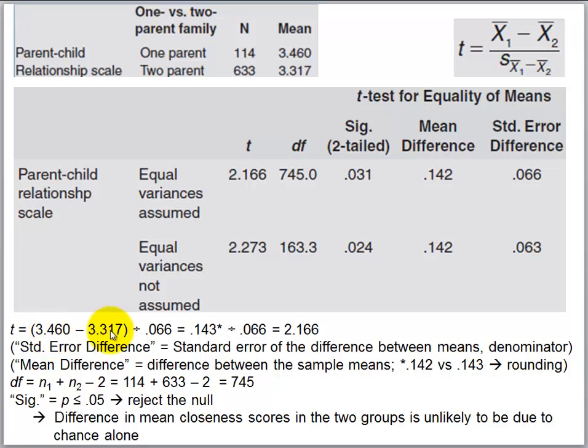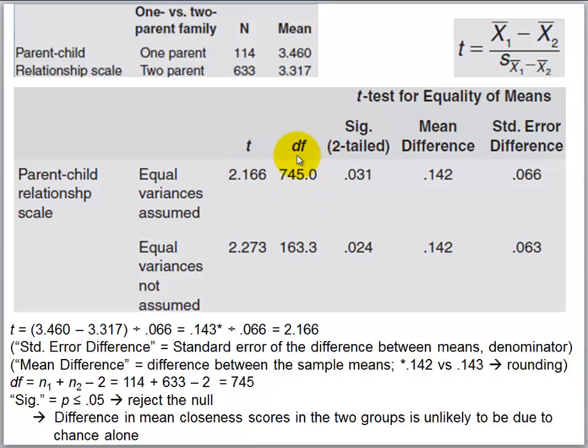So the mean in the first group, subtracting the mean in the second group, dividing by the standard error of the difference between means. That is 0.143. Again, there's some rounding, divided by 0.066, and 0.143 divided by 0.066 equals 2.166. So that's the value of t.